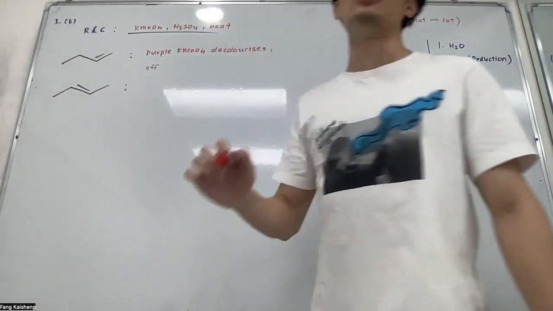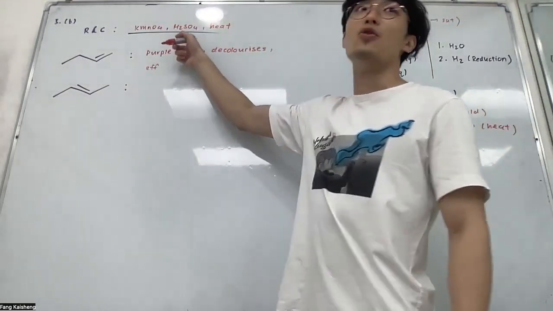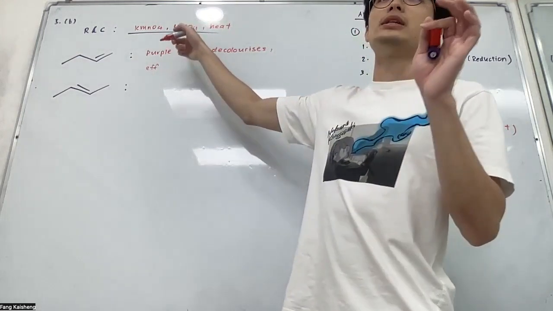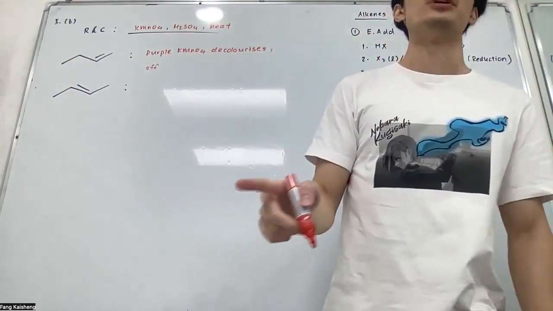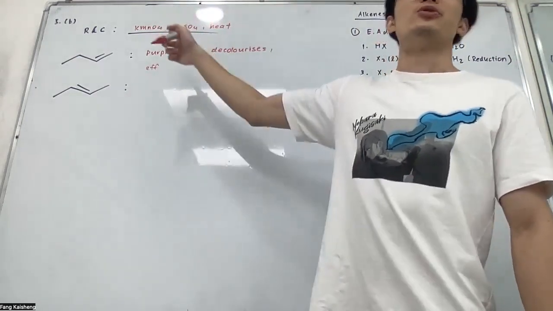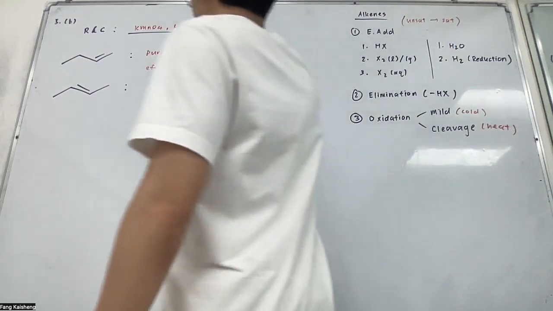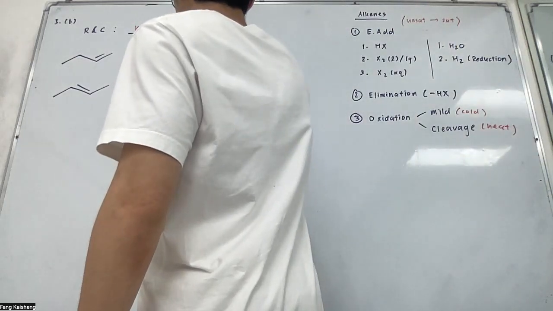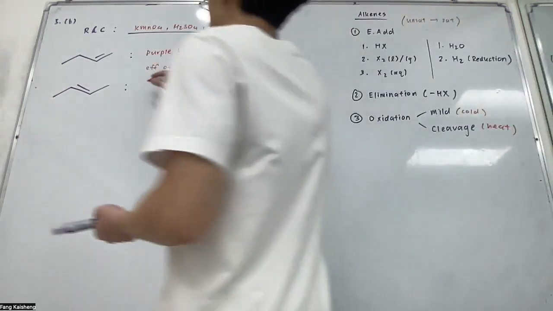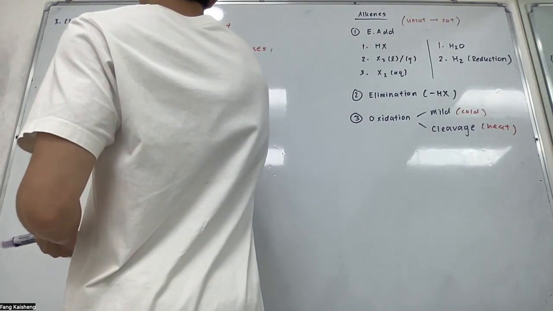Brown precipitate of MnO2 is if you write NaOH instead of H2SO4. The last time I went through this, I told you guys try not to write NaOH because you end up having to write another observation. Just use H2SO4, your life will be easier. So effervescence of carbon dioxide gas. And for the other one, don't just write nothing, apparently they don't accept that. Does purple KMnO4 decolorize?